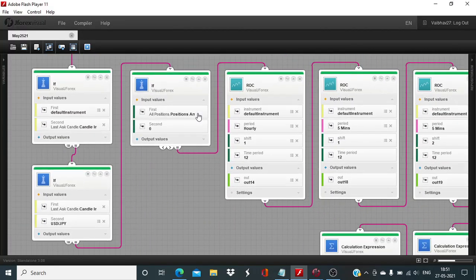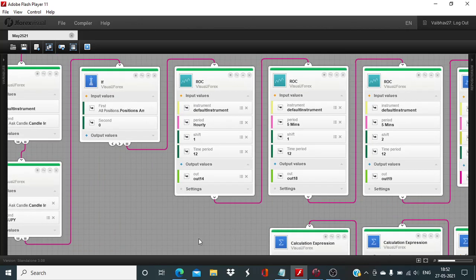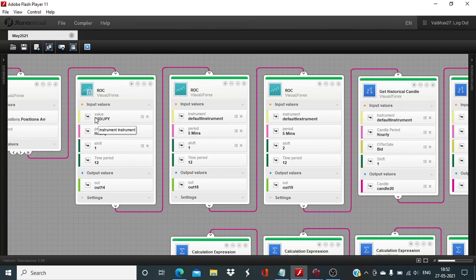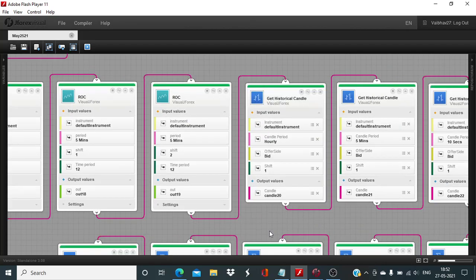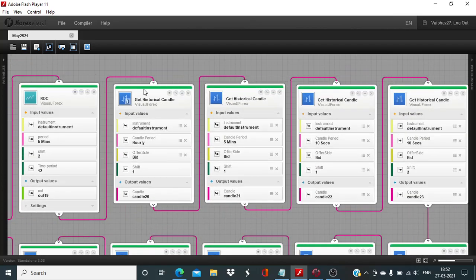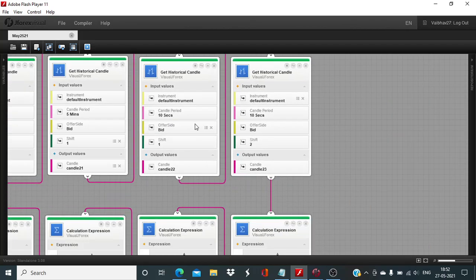In the prior sessions, I had carried out the instrument subscription, then the position amount was defined at zero. Default instrument is USD JPY. ROC blocks of hourly and 5 minutes time periods have been taken into consideration. The get historical candle blocks are also of 5 minutes as well as hourly, and two blocks of 10 seconds each.